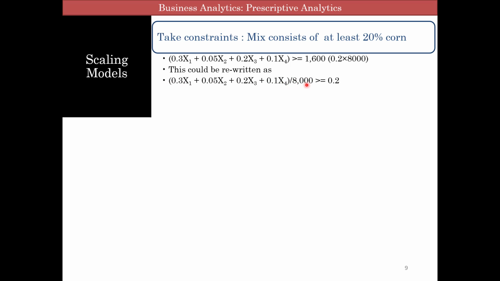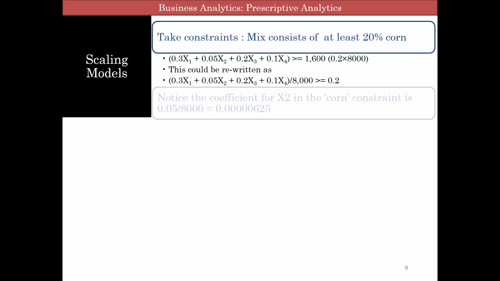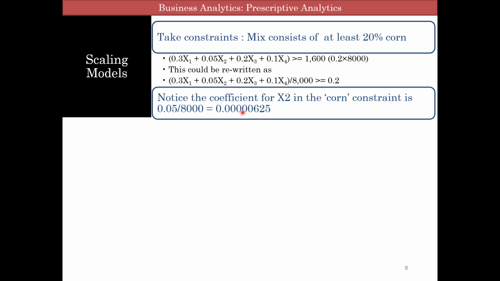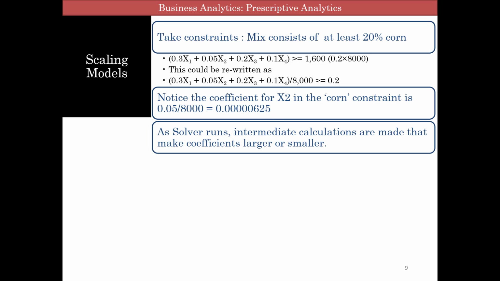So 0.3 divided by 8,000 or 0.05 divided by 8,000 is a very, very small number, right? That comes to 0.0050625.